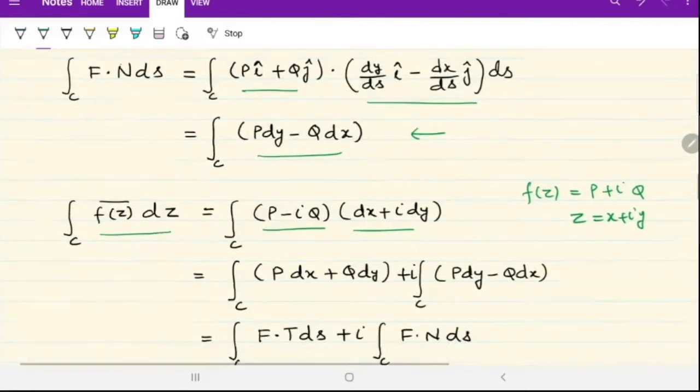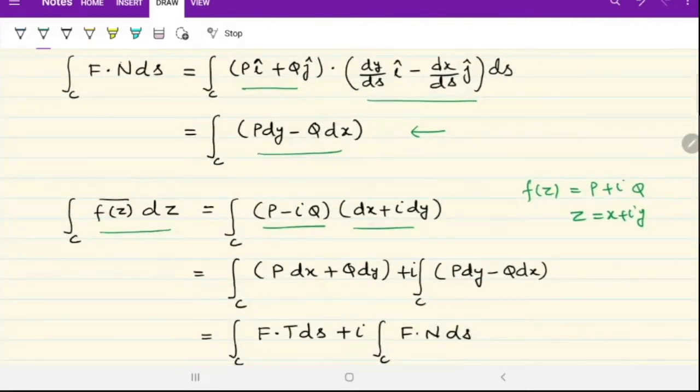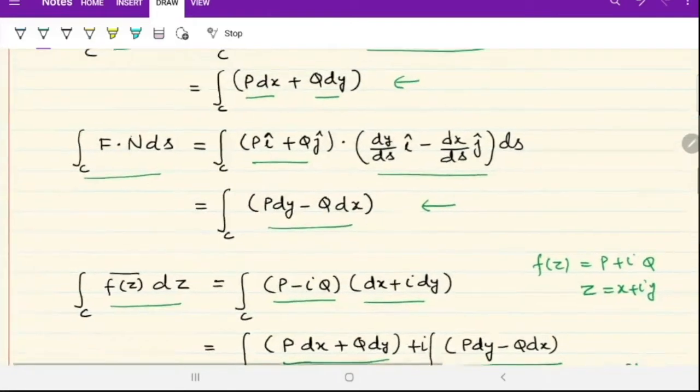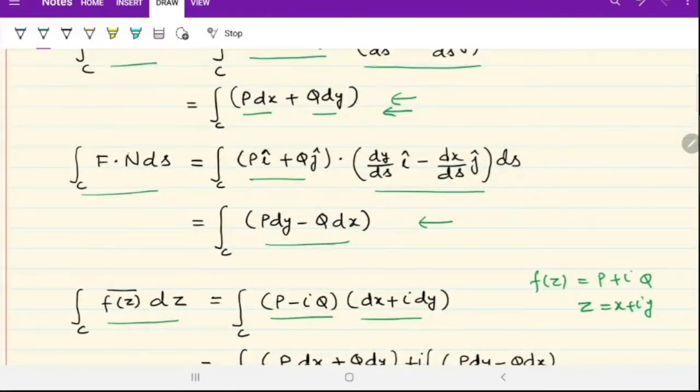So when you multiply these two quantities, the real part will be P dx plus Q dy, and the imaginary part will be line integral P dy minus Q dx. Now this second integral P dy minus Q dx, you see from here, this is net flux. And similarly, if you look at the real part, P dx plus Q dy, it was circulation.